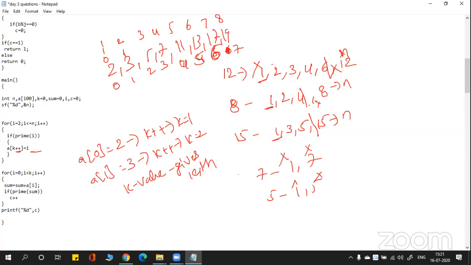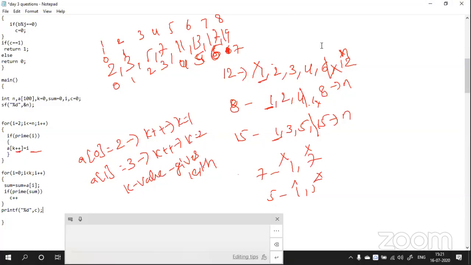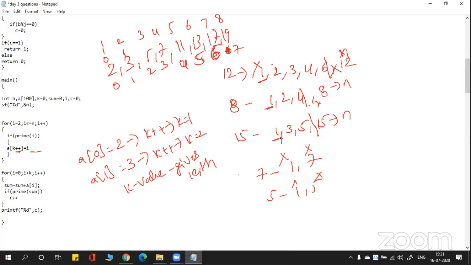So first, I print count. Let us check. If I give my n value as 5, what should be the output? The output should be 1, but this code will give us 2.